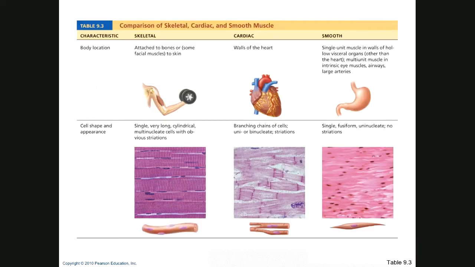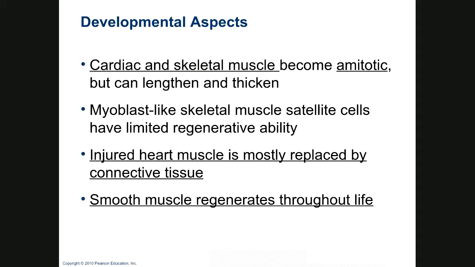So this is your skeletal muscle, your cardiac muscle with your intercalated discs, and your smooth muscle. Specific developmental aspects: cardiac and skeletal muscle become amitotic. They cannot reproduce, but they can lengthen and thicken. Maybe some regenerative ability, so they're taking back what they said.